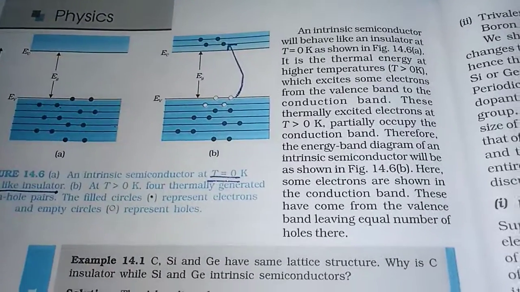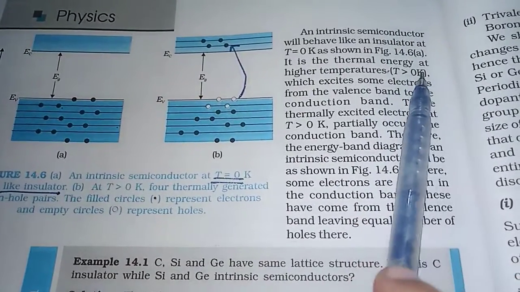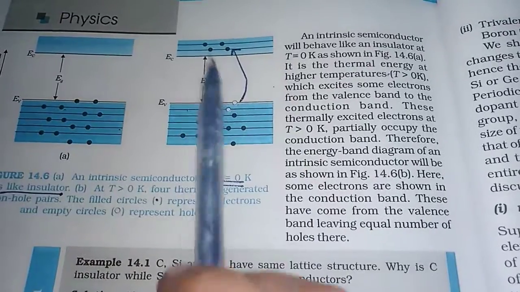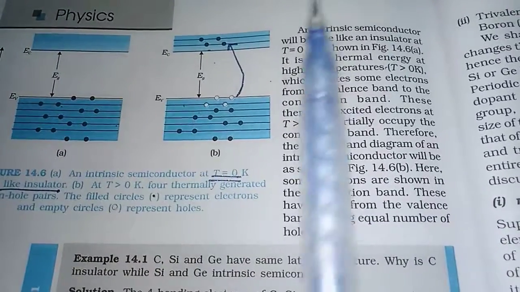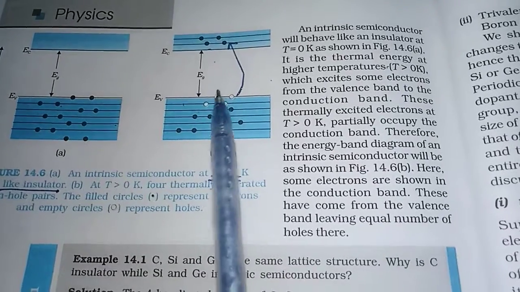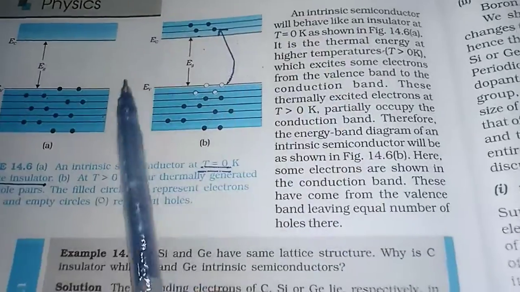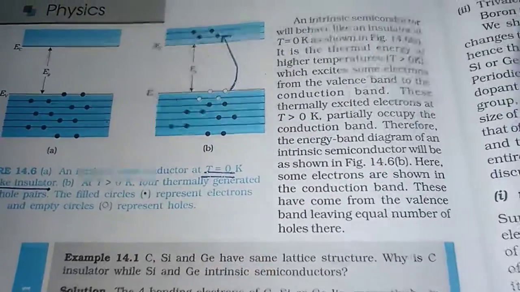So this will be the intrinsic semiconductor, because at a temperature greater than 0 Kelvin it has excited some electrons from the valence to the conduction band, and thermally excited electrons at T greater than 0 Kelvin partially occupy the conduction band. कुछ partially इस conduction band में आ गए हैं, अगर मैं हीट दूंगी वापस भी आ जाएंगे.